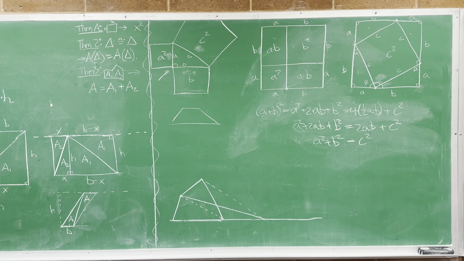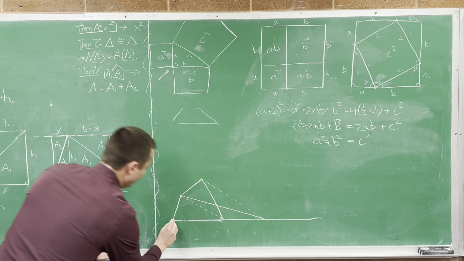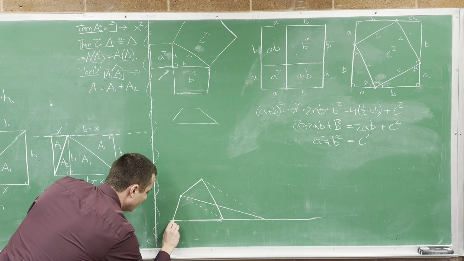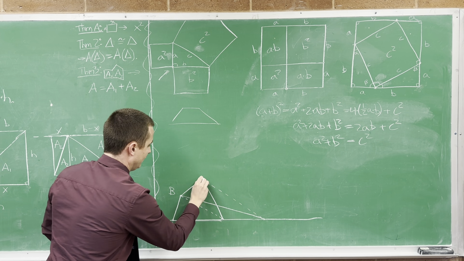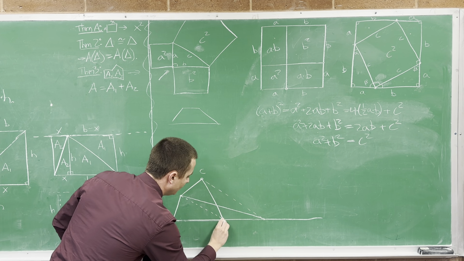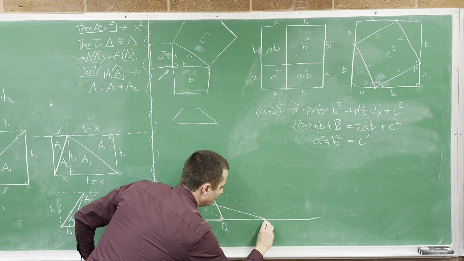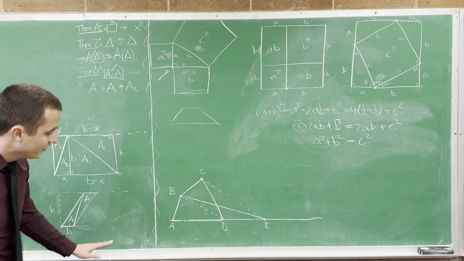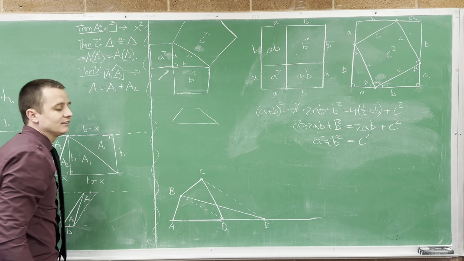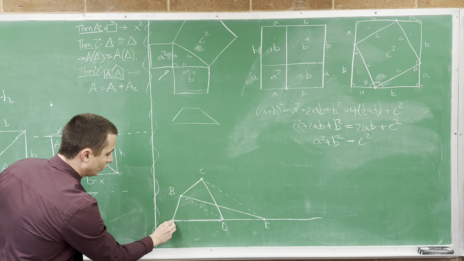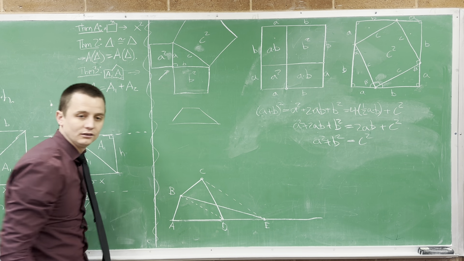Sorry about that. Okay. So now, let me label some points just so that we can talk about stuff. Let's call that point A, B, C, D, E. Okay, so I'm arguing that triangle ABE has the same area as quadrilateral ABCD.